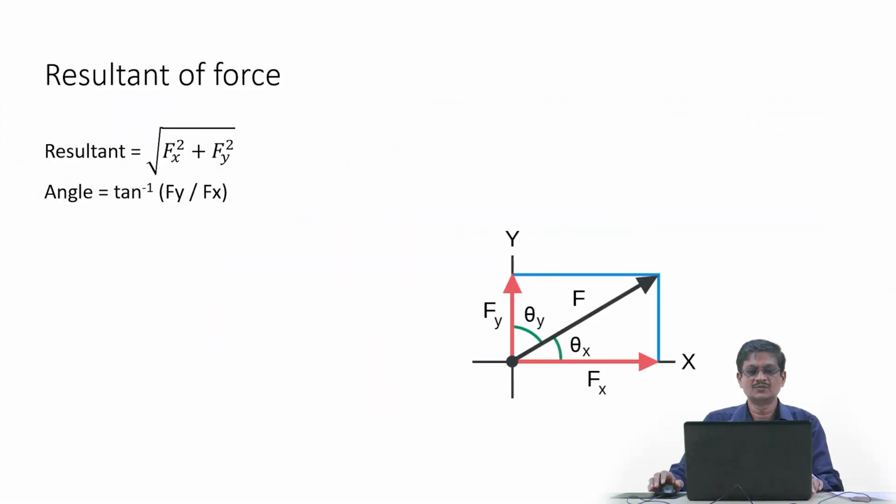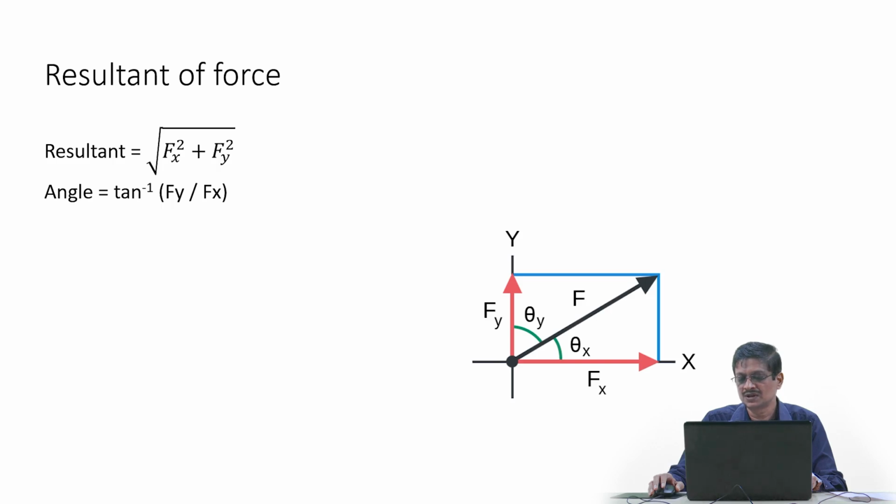Now this is the example of engineering mechanics, and we all know that there is a force, and the force has got two components, that is Fx and Fy. Now in this program, the Fx value and Fy value, that is the x component and y component of the force, is given.